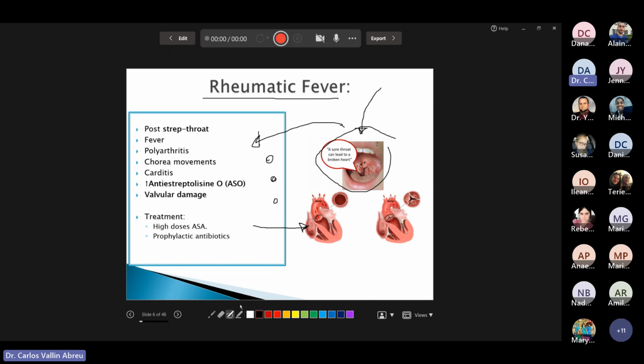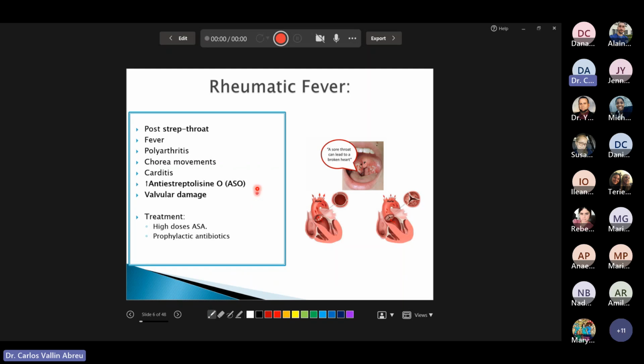So rheumatic fever is called rheumatic because it produces rheumatism, so it produces inflammation of the joints. But this inflammation of the joints is transient. Those antibodies attacking the joints last just for some days. It can produce other symptoms, even in the nervous system, but it is self-limited and can subside alone without treatment.